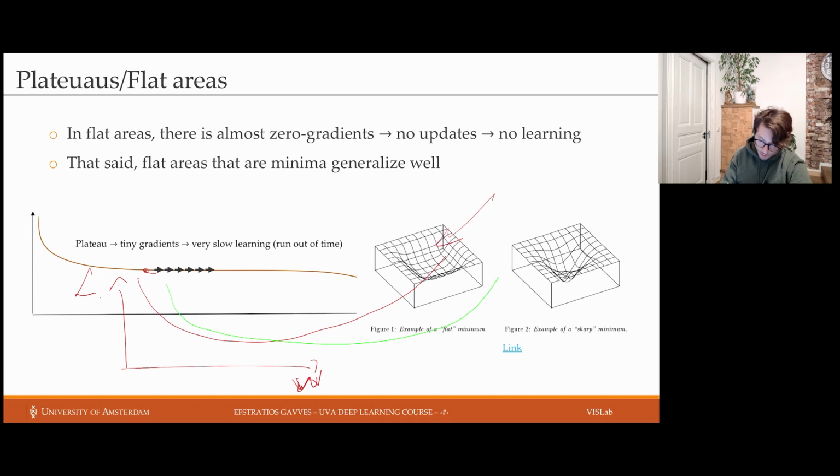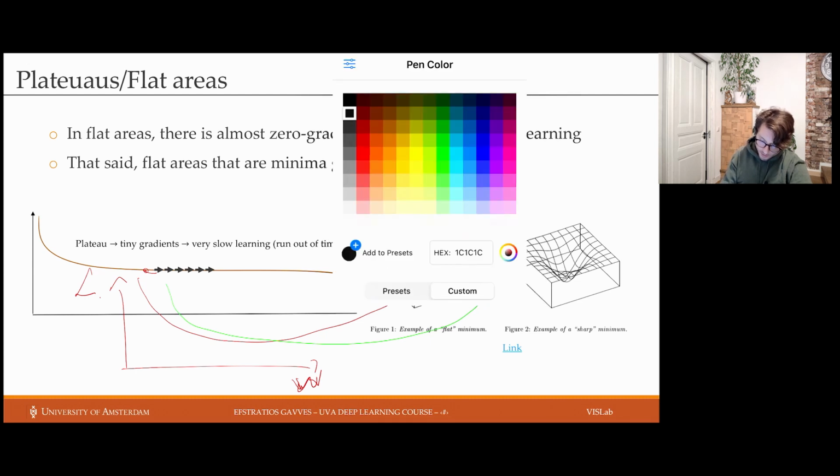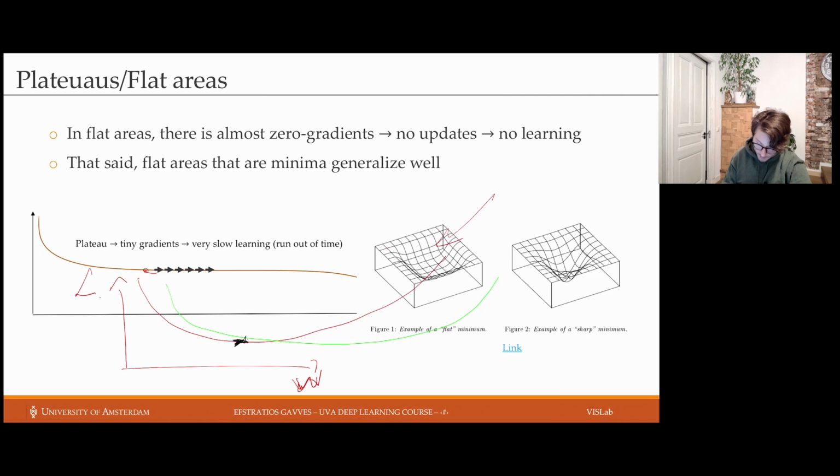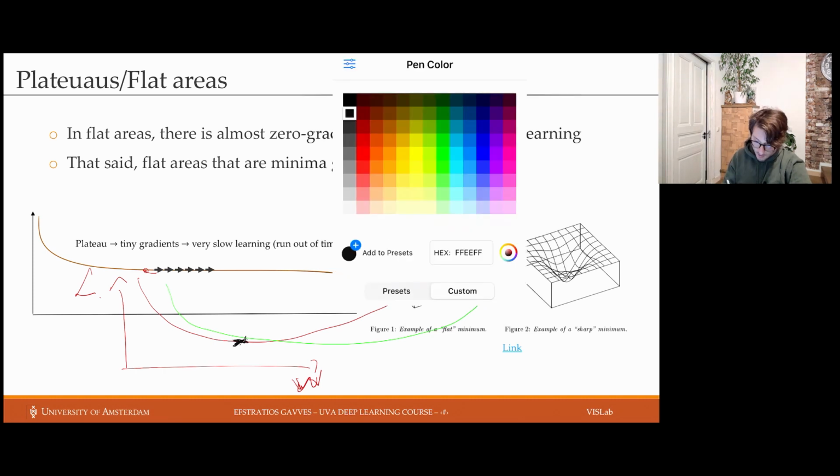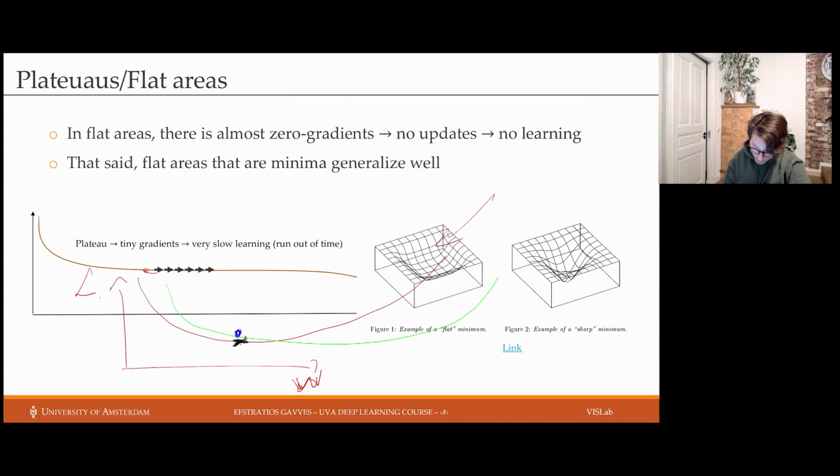For our training set, our optimal solution would be somewhere here, right? Now, because this is a flat area, most likely for the test data that's also going to be a flat area, and we're going to end up in this location here, right? So exactly because of this flatness, we're not going to have very abrupt differences between the training and the test domain.